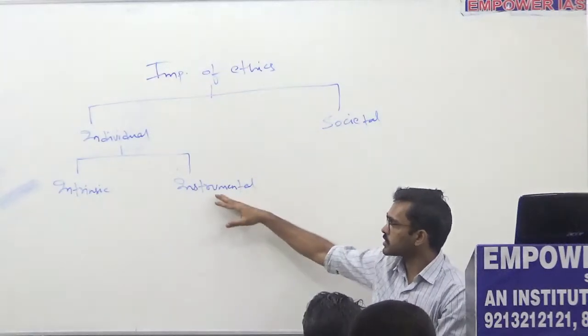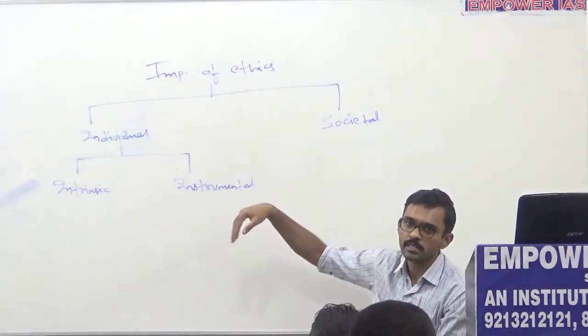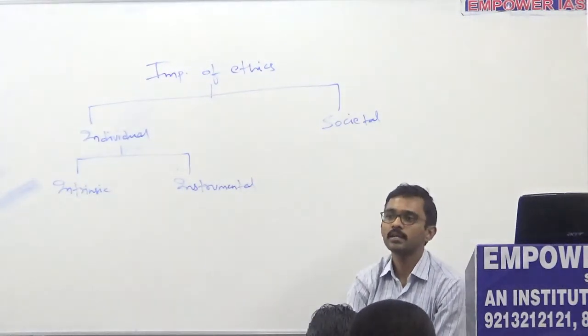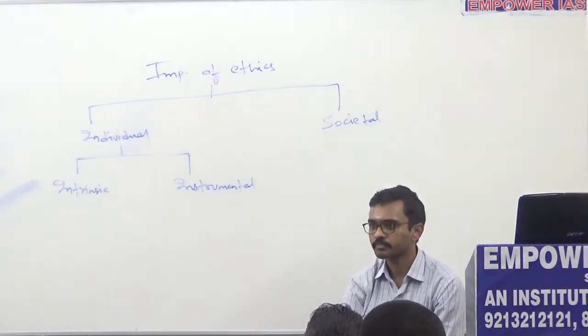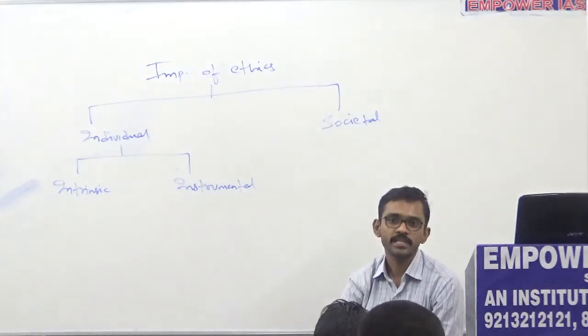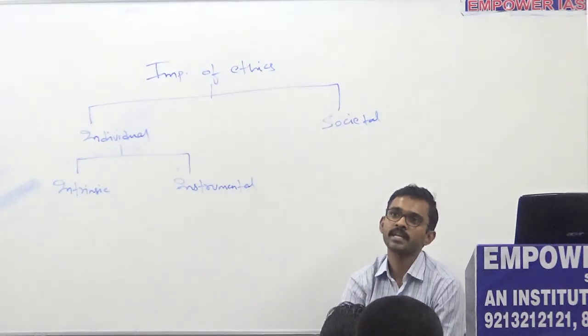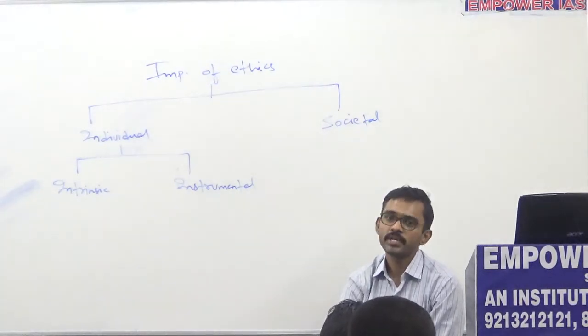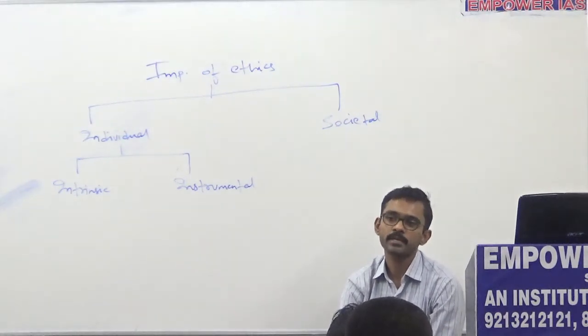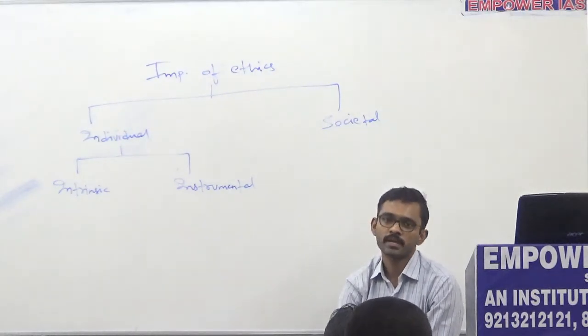The instrumental importance is that knowledge of ethics helps us in resolving ethical dilemmas. Whenever you are facing an ethical dilemma, if you are aware of different ethical theories and different dimensions of ethics, then you will be able to resolve ethical dilemmas in a much more systematic manner.